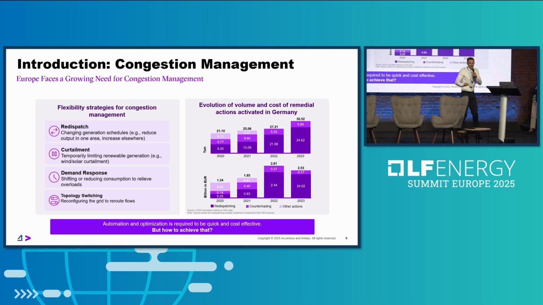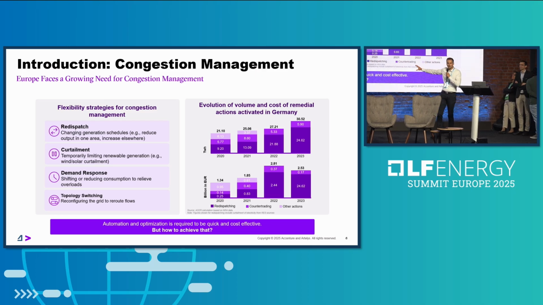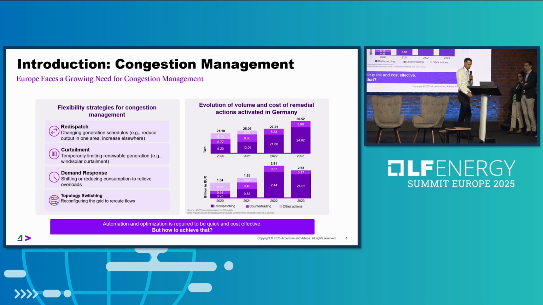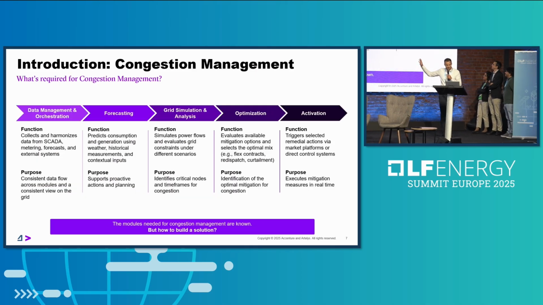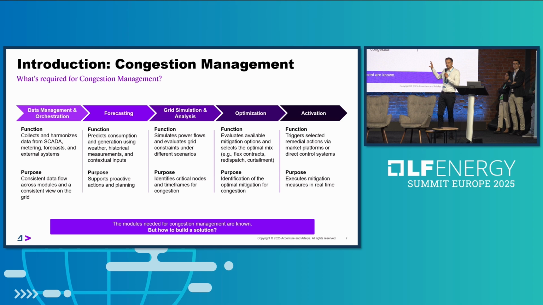And so let's also take a look now into how we can achieve that. How can we optimize and how can we automate congestion management? So let's first start with, okay, well, what's required when we want to build that? There are a couple of modules that you definitely need. Of course, there are more modules, but let's stick here to the basics.